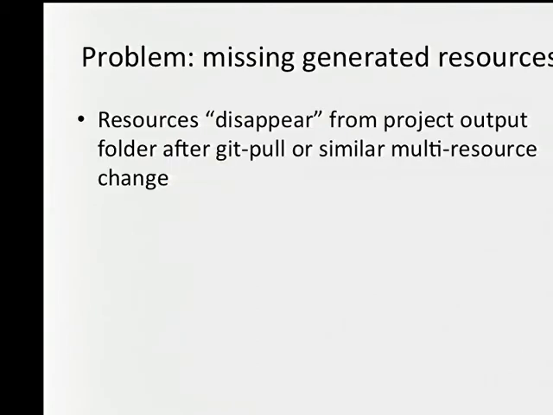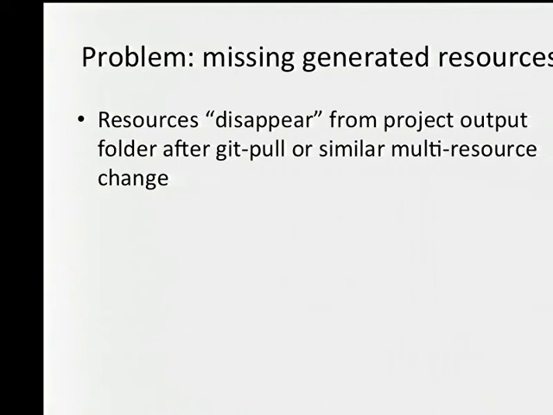Okay, so another problem that we actually struggled quite a lot with was the most voted for bug against m2e Eclipse, the project that we took to Eclipse, right? I still remember the bug number in our Jira, 832. So the problem is that from the user's point of view, he makes a change to multiple resources, either through refactoring or through git pull or a similar operation on the file system.